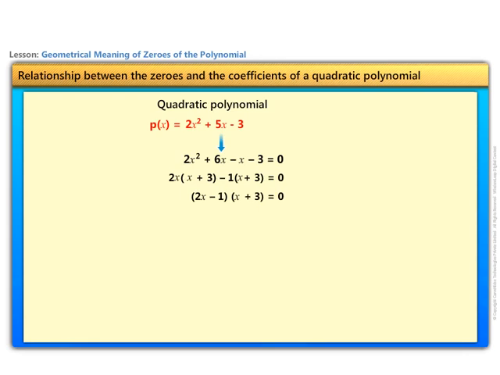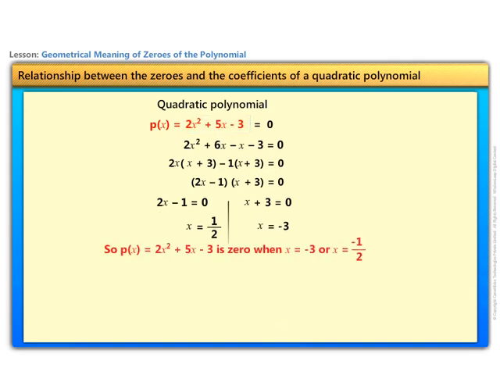So, the value of p of x is equal to 2x squared plus 5x minus 3 is 0 when 2x minus 1 is equal to 0 or x plus 3 is equal to 0. That is, when x is equal to half or x is equal to minus 3. So, the zeros of 2x squared plus 5x minus 3 are half and minus 3.